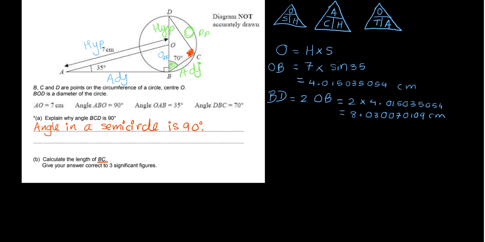Let's do this in green. So A is equal to hypotenuse times cos.